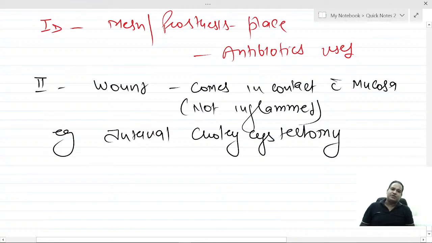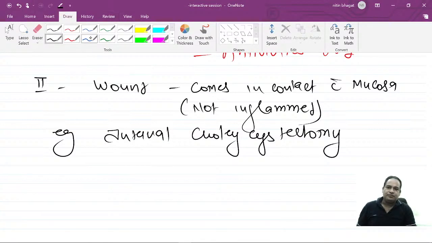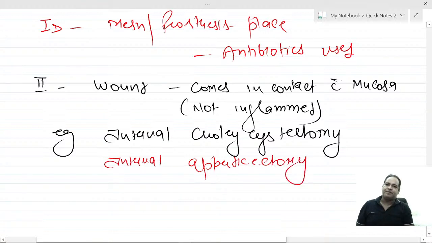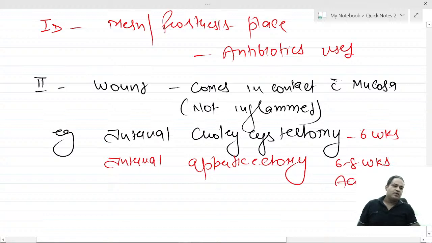There is no infection, no inflammation. Fine. For example, interval appendicectomy. This is done 6 to 8 weeks after acute appendicitis.